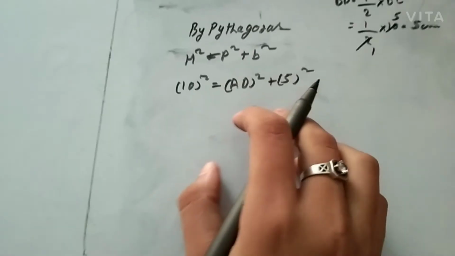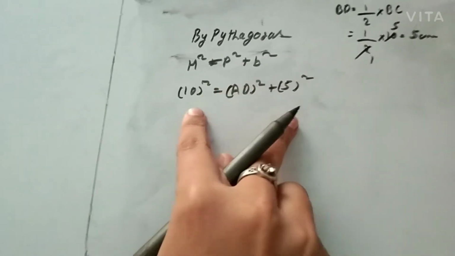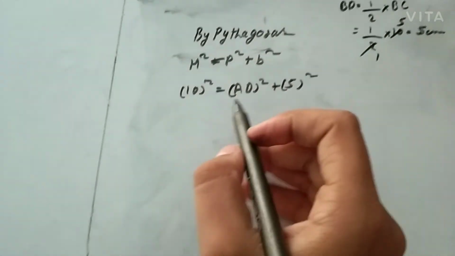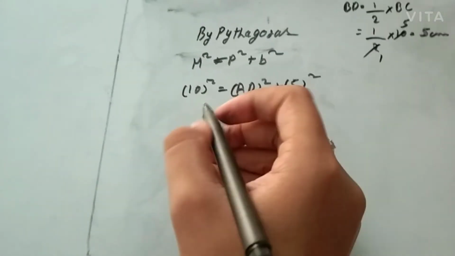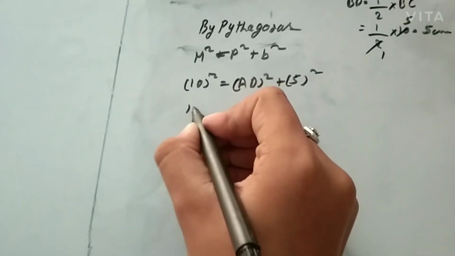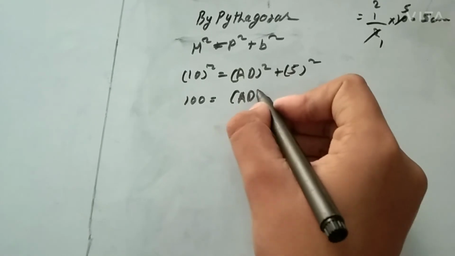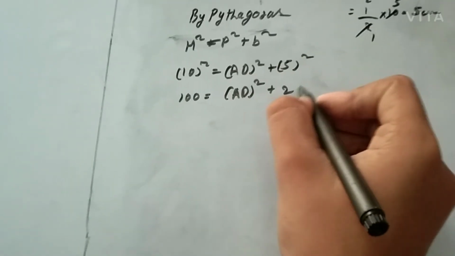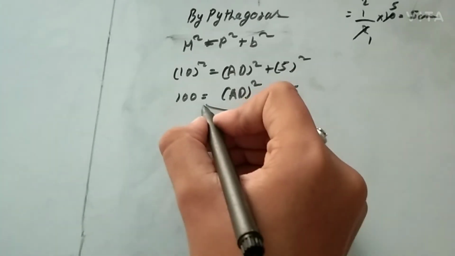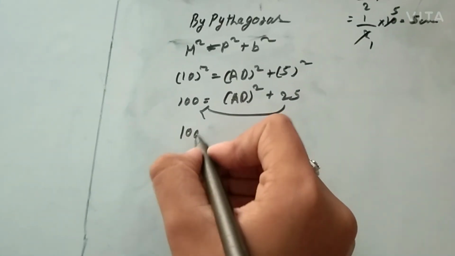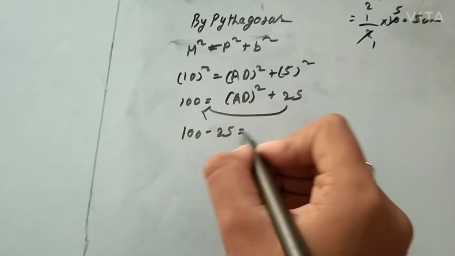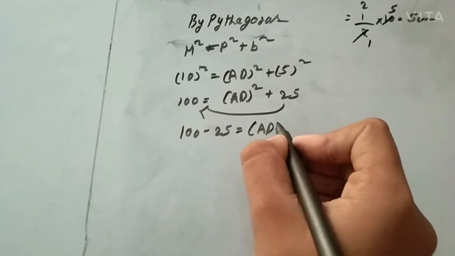I am not writing the sides here. You can write, but I am not writing for faster. So 10 times 10 equals to 100. AD square plus 25. So we will bring it here. So 100 minus 25 equals to AD square.